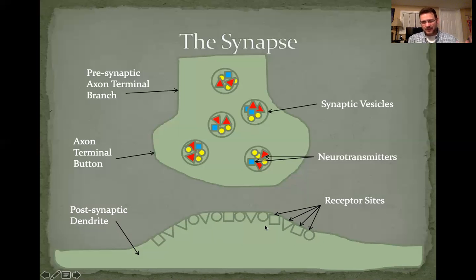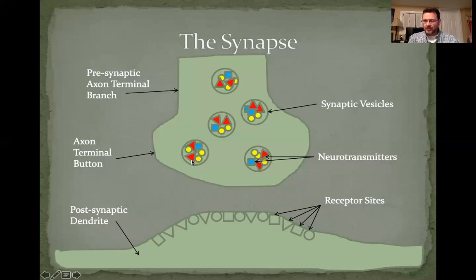I keep saying I'm keeping this simple, but it's believed generally that the neurotransmitters and receptor sites work like keys and locks, meaning certain neurotransmitters can only fit and engage certain receptor sites. So these red circles are going to float down here into the synaptic space and fall into receptor sites to do their job.